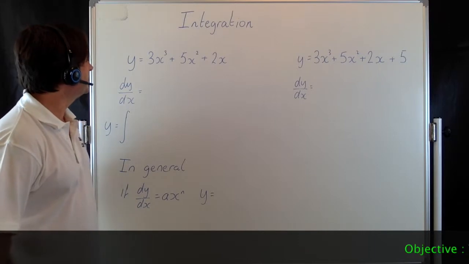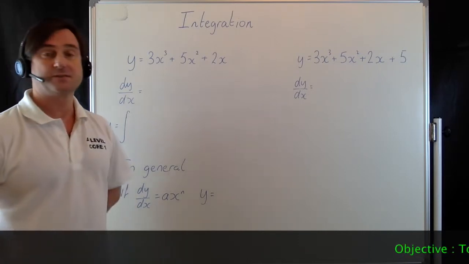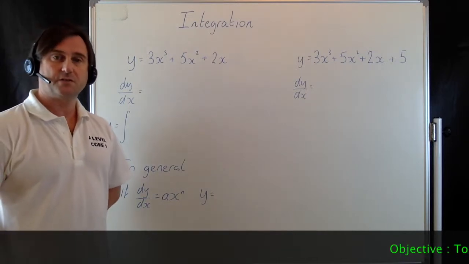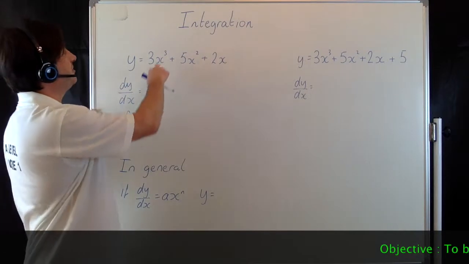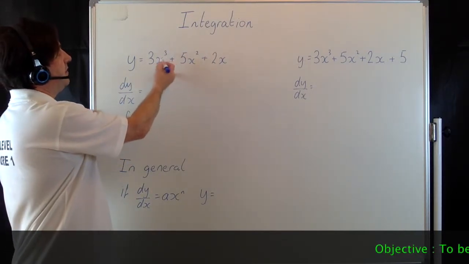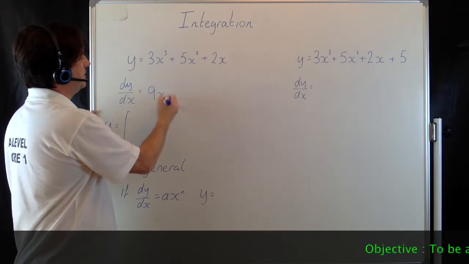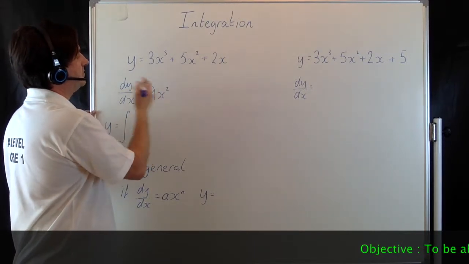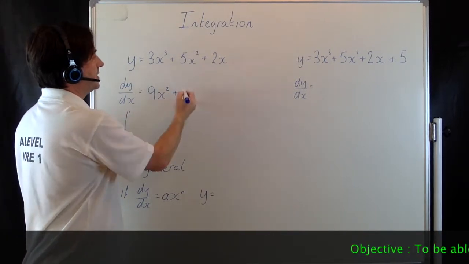We've got this expression here, y equals 3x cubed plus 5x squared plus 2x. What I'm going to do to start off with is differentiate this expression. If you remember, when differentiating, the power gets multiplied by the coefficient to give me 9, and then the power is reduced by 1 to give me 9x squared. Same thing happens on the second term.